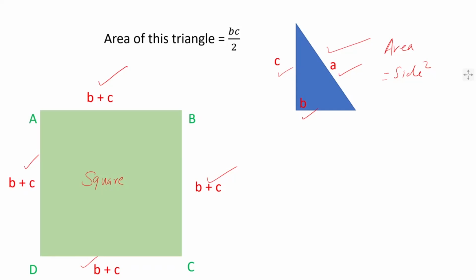So we have a square having each side equal to b plus c, which is nothing but the base plus height of this right angled triangle.